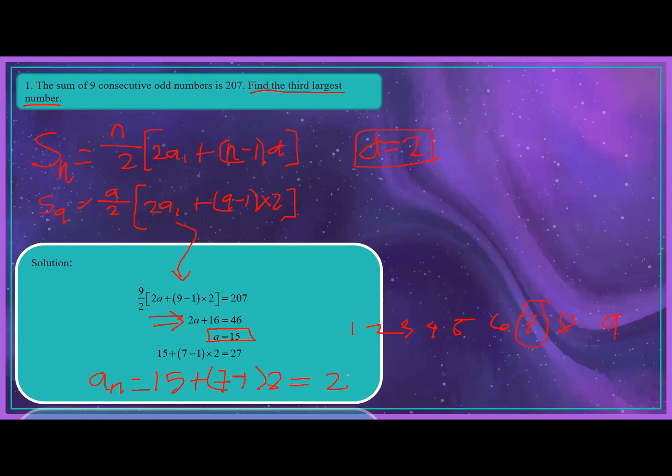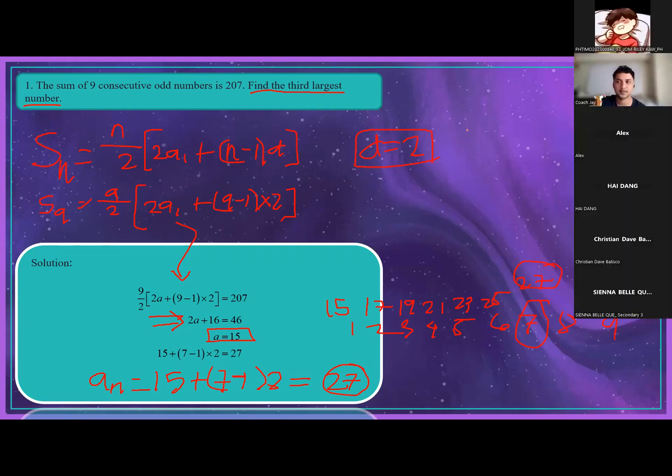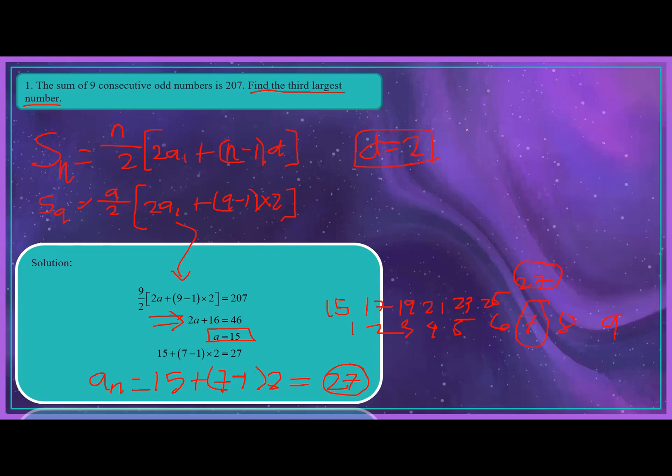So we have 27. Or if you don't want this solution, you can just go by putting 15 as the first term, then 17, then 19, 21, 23, 25, and 27. Okay, so any question? Okay, yes, everyone got this one.